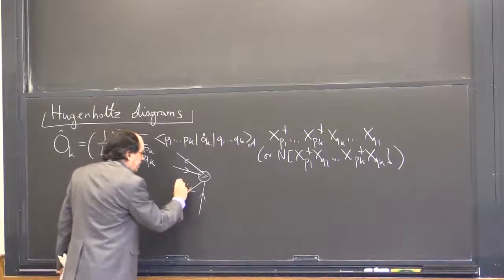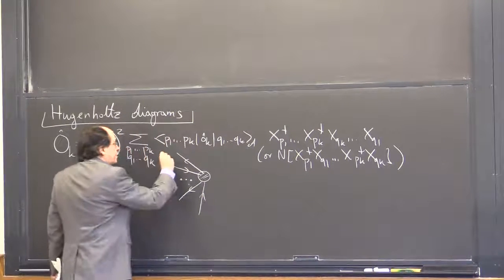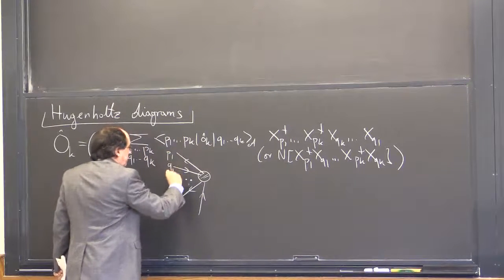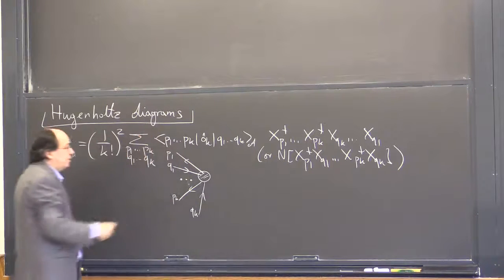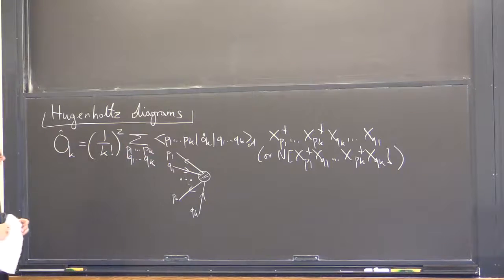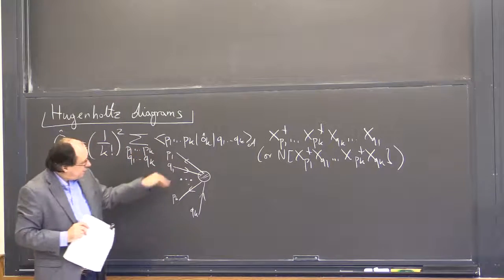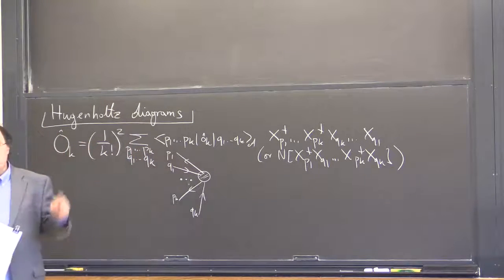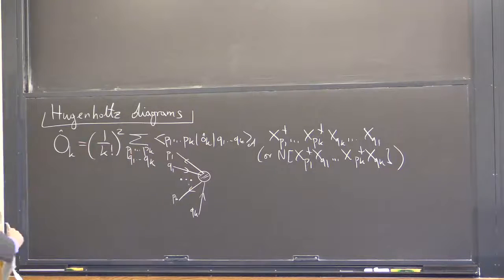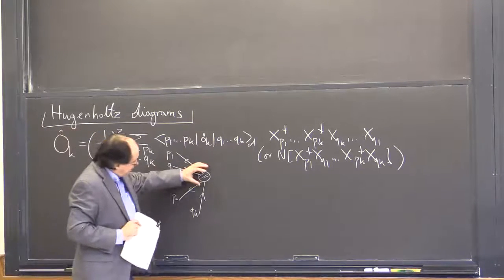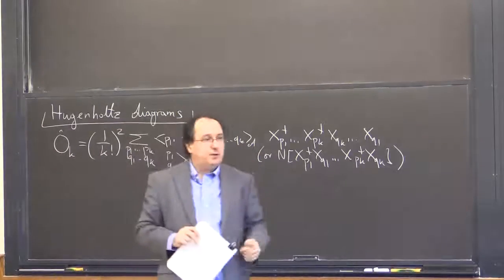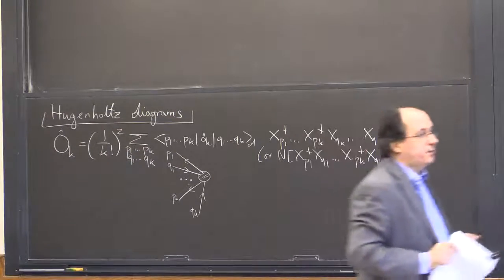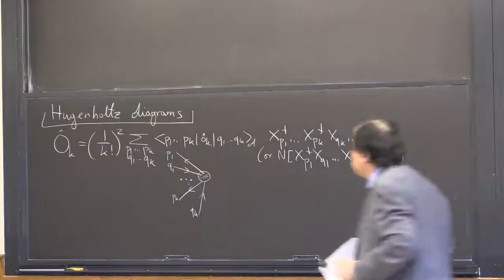So we have, I'll make dots this way. So we have P1, Q1, Pk, Qk. So the P symbols correspond to the creation operators that are leaving the vertex. The Q's correspond to the annihilation operators that come into the vertex. And as you can see, this vertex is just essentially one point from which all these lines originate. Okay, it's not like in the Goldstone case where you would have simple vertices bundled together.